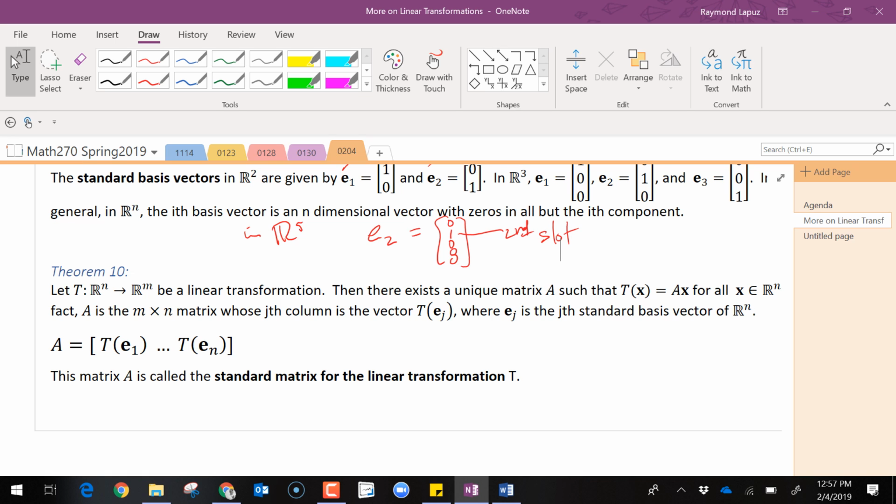So what they're saying here is that if we have a transformation, we can construct the matrix just by looking at what happens when we put a standard basis vector into the transformation.